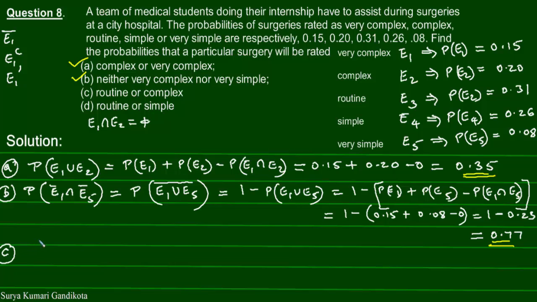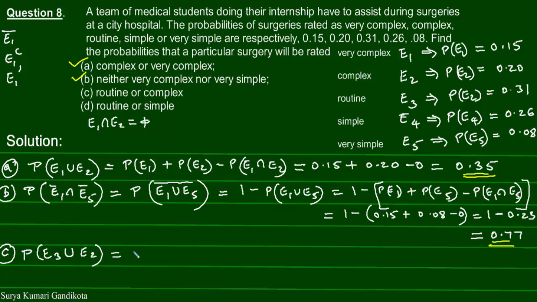It says routine or complex. So the probability of, now routine is the event E3, or means union, and complex is E2. Be careful, it's complex and very complex, both are there. We have simple, very simple, both are there. So you have to be very careful here. So E3 union E2.